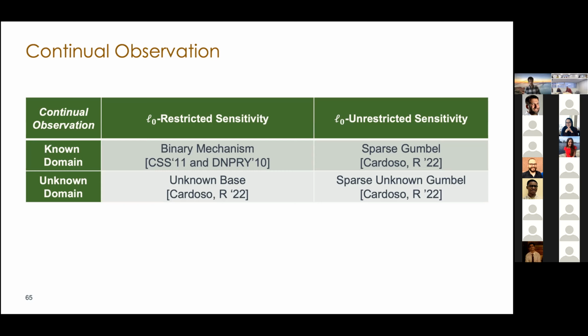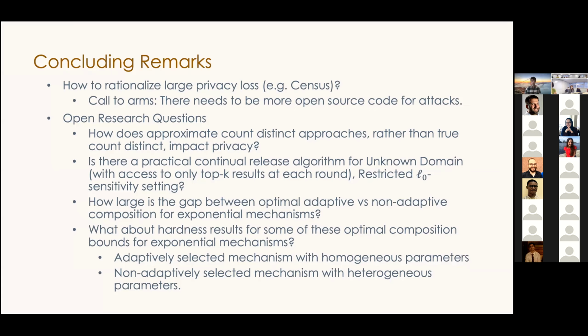And then for the unrestricted sensitivity setting, unfortunately, our algorithm is based on a stability-based histogram approach, where in our unknown domain setting we're only given the prime at every round, but we actually have to have the full histogram.